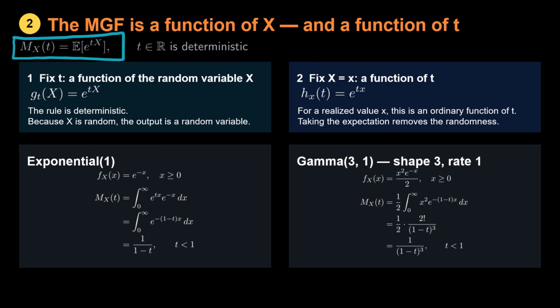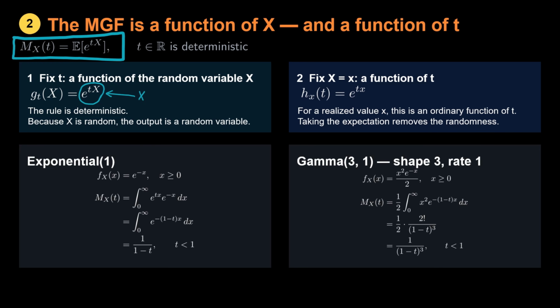We'll start by doing something that is familiar to us since section 2.1, and that is forming random variables that are deterministic functions of another random variable. So we'll start with a random variable x, and we'll form another random variable that is e to the power tx, which is a deterministic function of our initial random variable x.